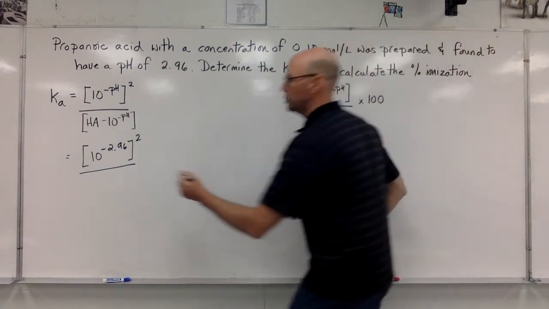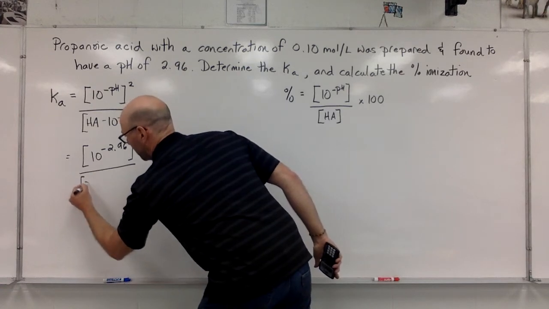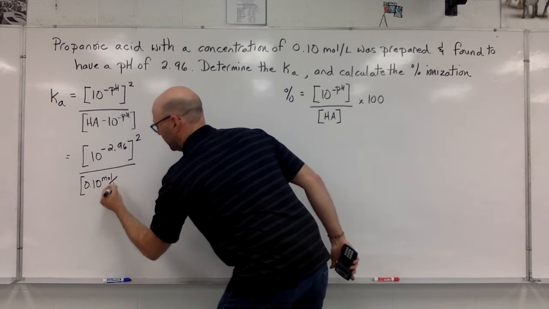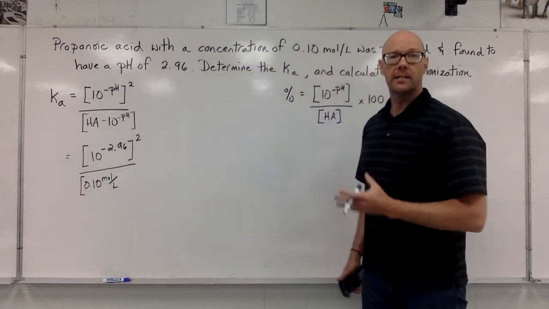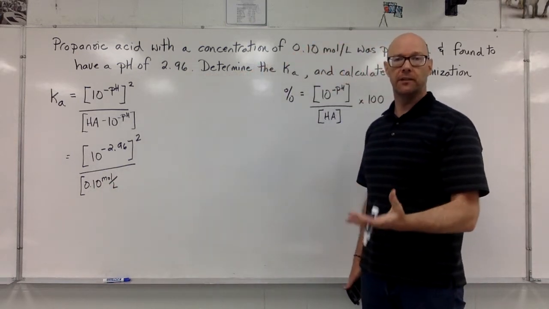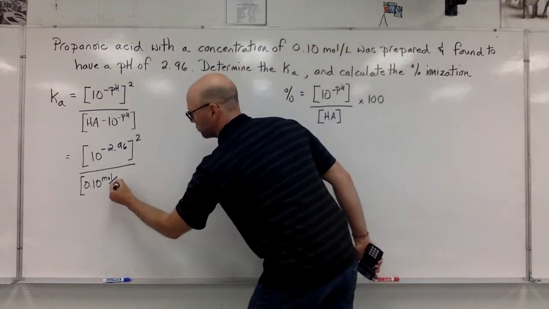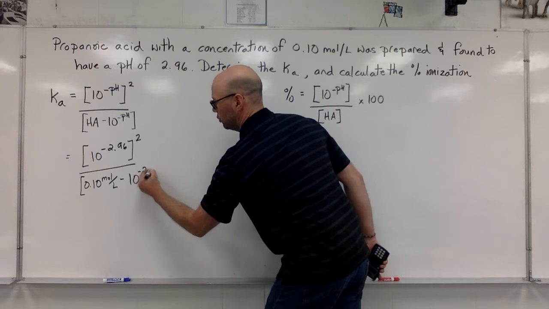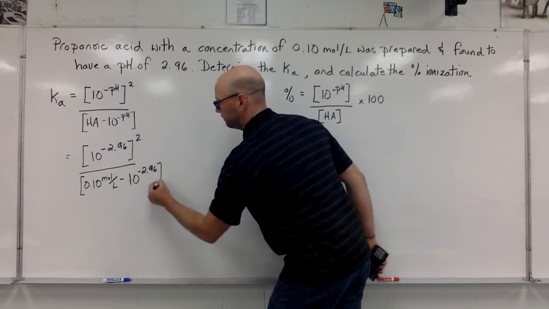There's that concentration, 0.10 moles per liter. And we're going to subtract 10 to the power of the negative pH. Subtract 10 to the power of negative 2.96.